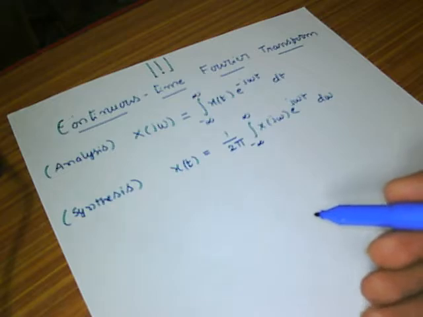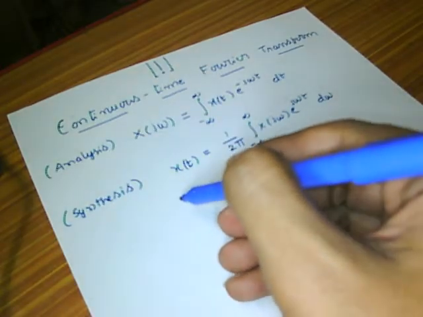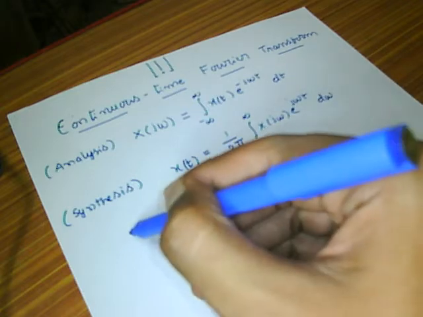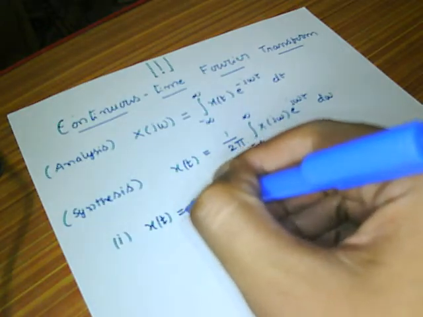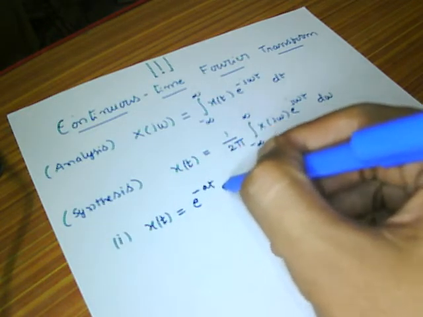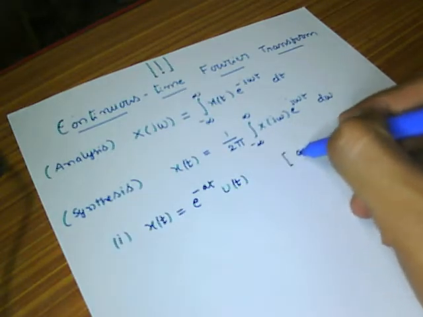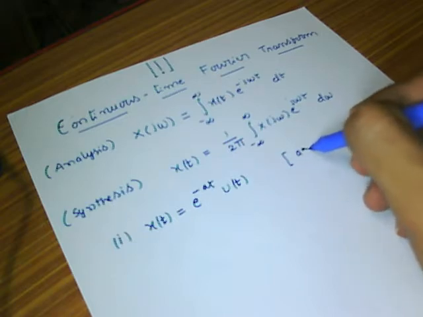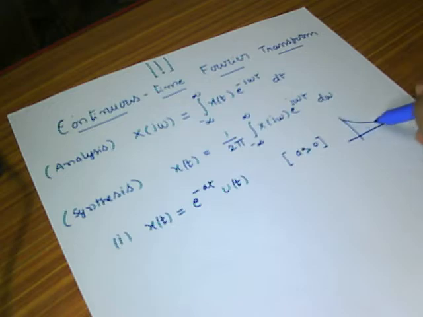So let us take small examples to understand the concept of the Fourier transform. Let me take the first example to be x of t equal to e power minus at into u of t. Here I assume that a is greater than 0, so that the curve of this signal will look something like this.